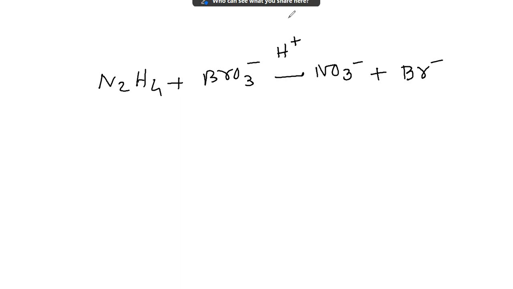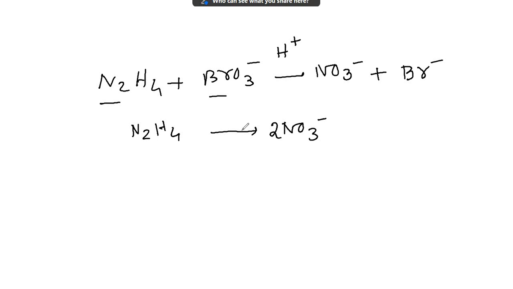Let us proceed to see how we can do it. These are the two elements which undergo oxidation and reduction, because generally hydrogen and oxygen don't undergo change in oxidation number. N2H4 is converted to NO3 minus. There are 2 nitrogen on one side and 1 nitrogen on the other, so first I write 2 over here.